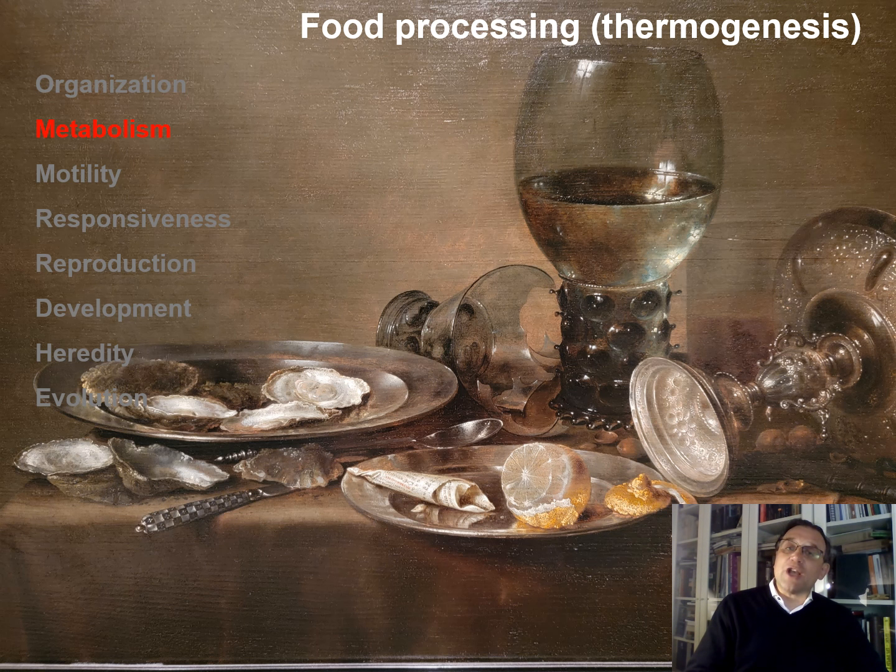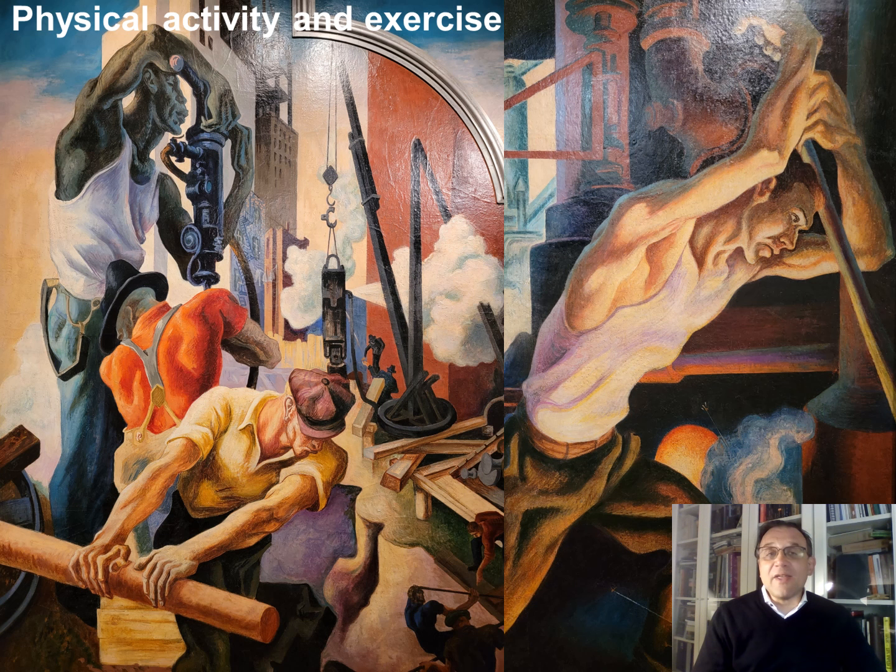You see, digesting, absorbing, transporting, and storing the food you consume also takes calories. Another factor is physical activity and exercise, such as playing basketball, walking to the store, chasing after the dog, and any other movement accounts for the rest of the calories your body burns each day.